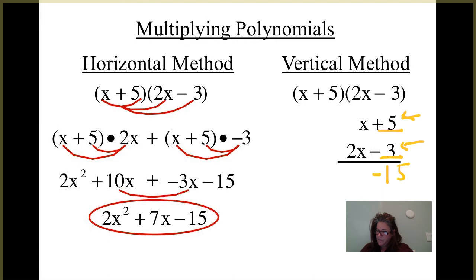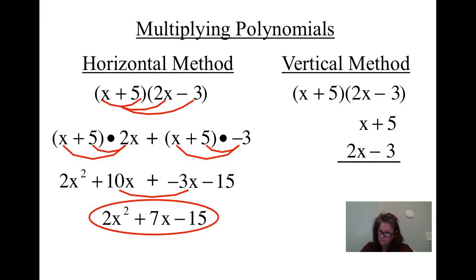And now I'm going to do negative 3 times x is negative 3x. Now I move on to 2x. 2x times positive 5 is positive 10x, sorry. And 2x times x is 2x squared.